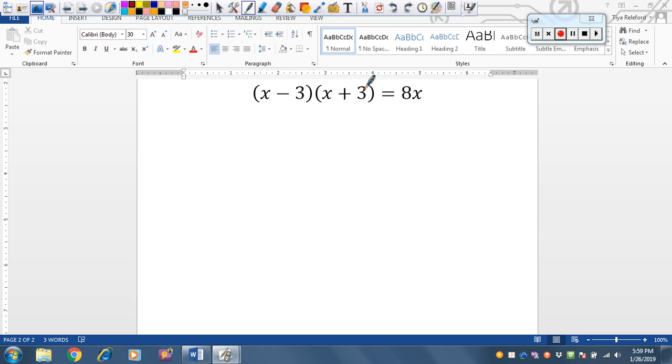Okay, so again, you have to spread it all out and simplify your expression and set it equal to 0 before you can do the quadratic.